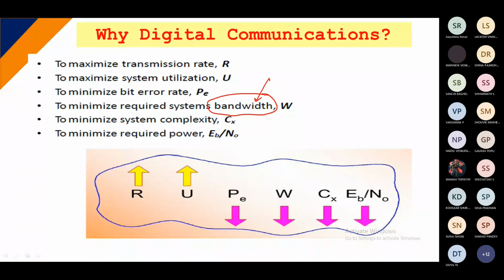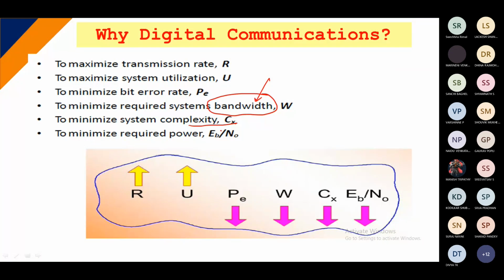So bandwidth is a very important factor in digital transmission. Along with that, we have to minimize the complexity, because as I already showed you in the block diagram, it is itself a complex system. We can't make it more complex. So keeping minimal complexity in hand, we have to make the adjustments.